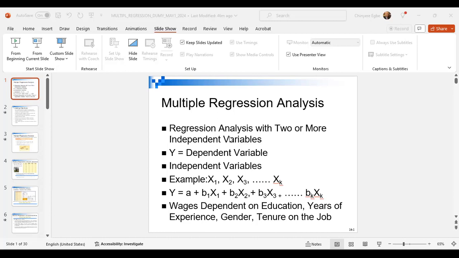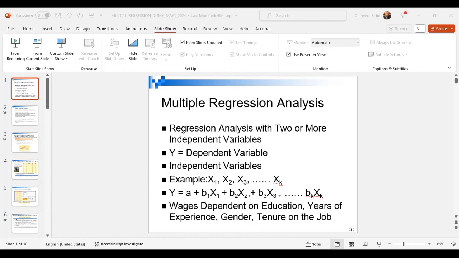Now, we cannot easily use the simple expressions of spreadsheets to do this. But to put it very simply, you can assume that you have the y as an n by 1 vector and x as an n by k matrix.